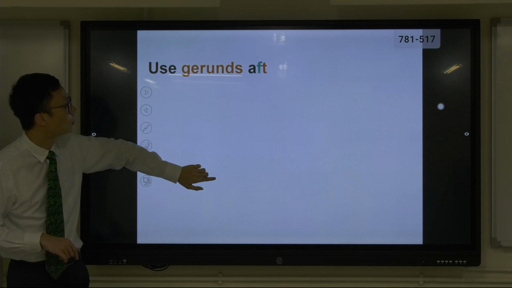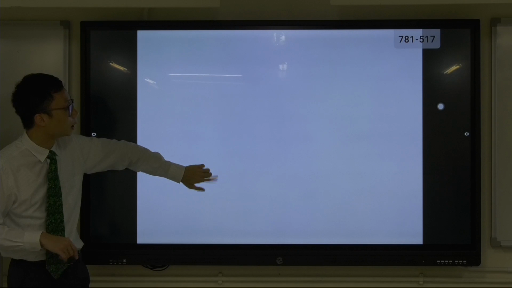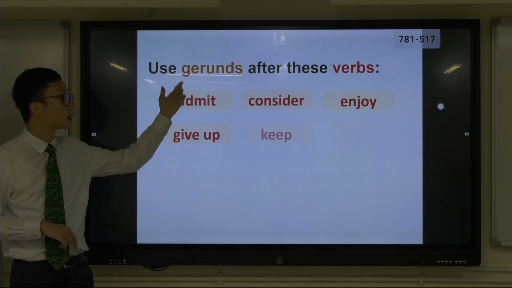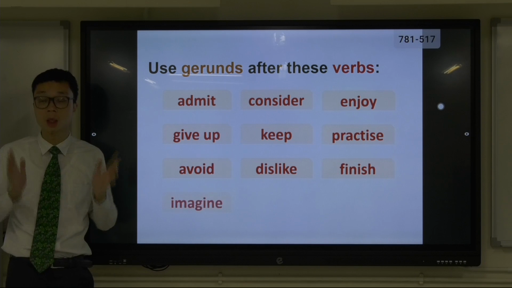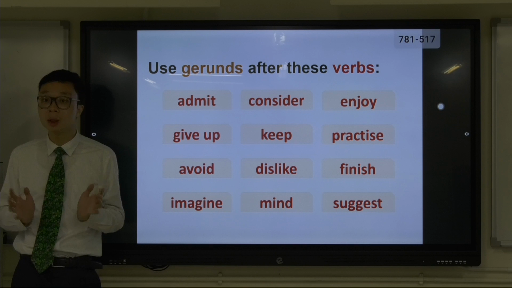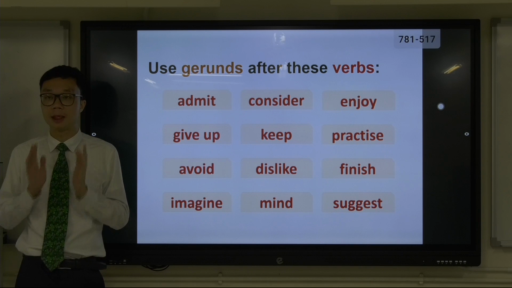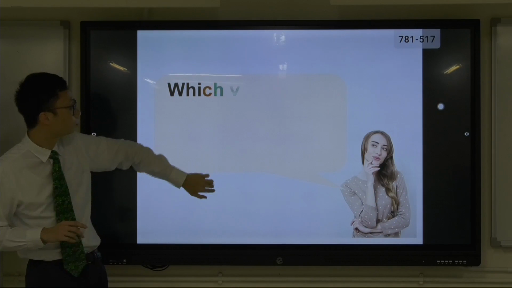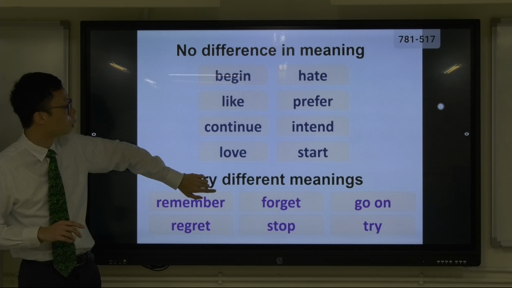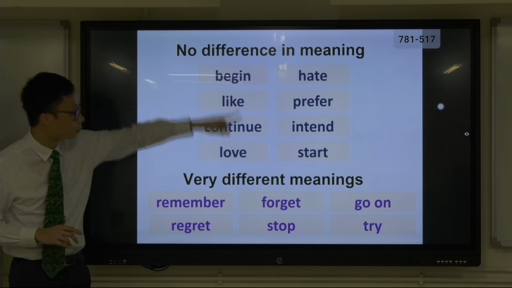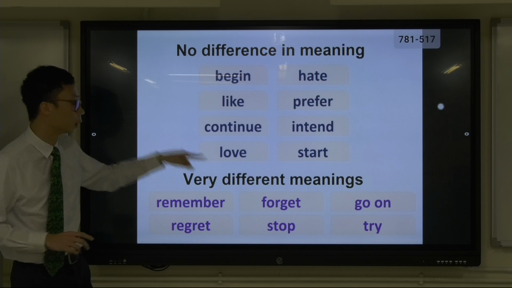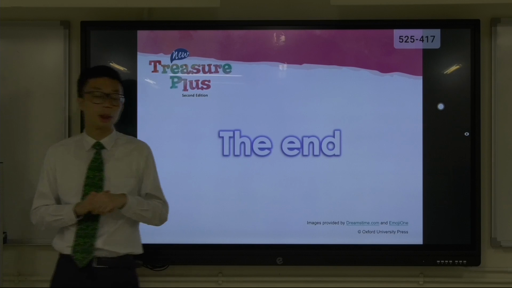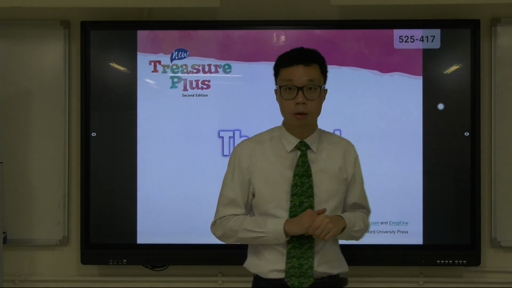Remember all these verbs that go with a gerund, and the verbs that can go with either one, or the verbs that have very different meanings depending on which one we choose. Okay, no big difference in this part. Very different in this part, the one that I explained. Alright, this is the end of my part, and please continue today's lesson with this song.